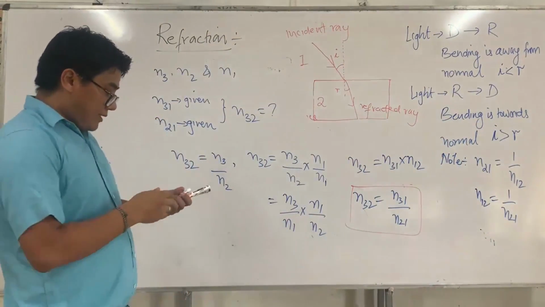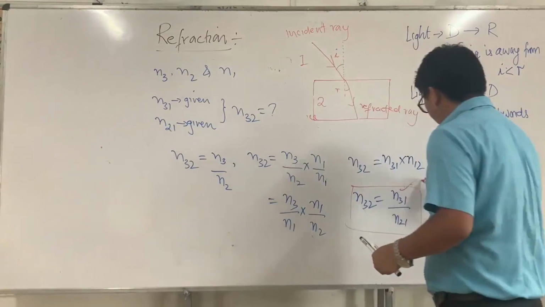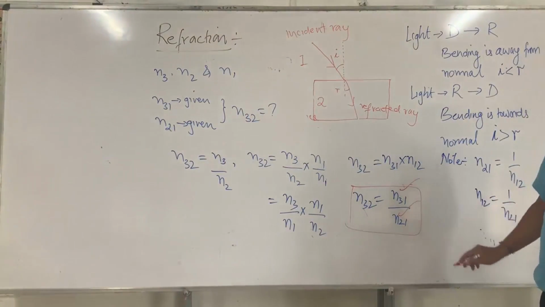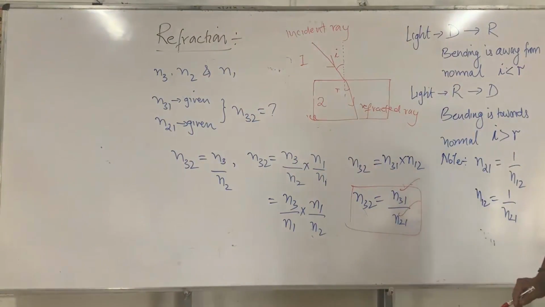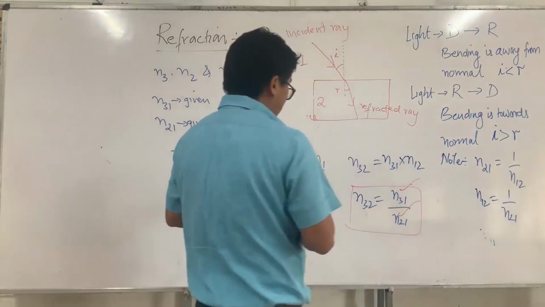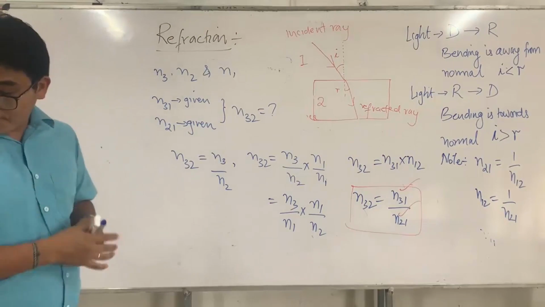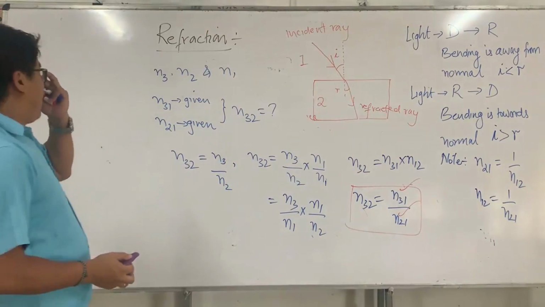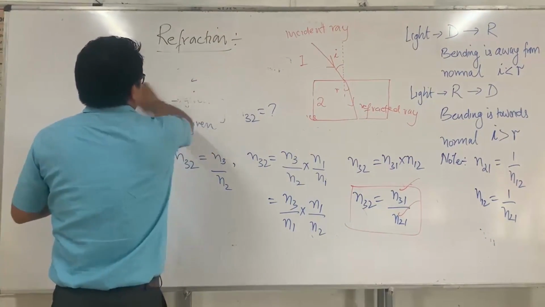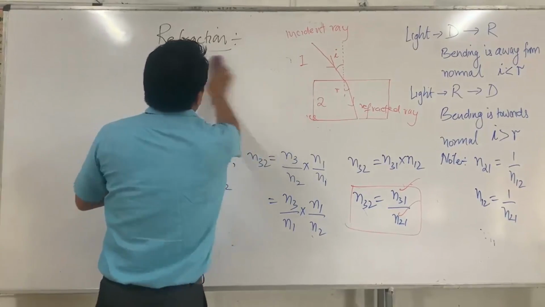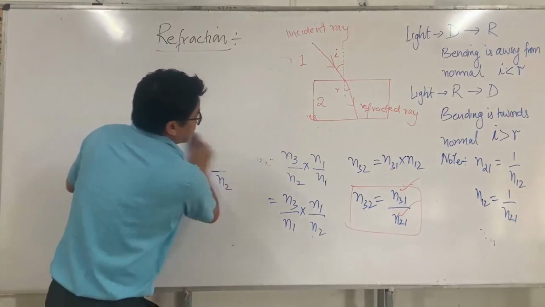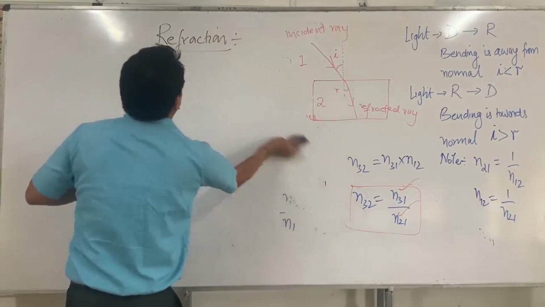So, since this is given, this can be found, and N32 can be found. Alright, this is how we do it, right? Now next, I'm going to discuss refraction through some transparent media.